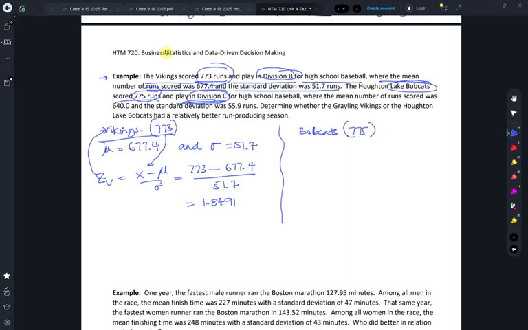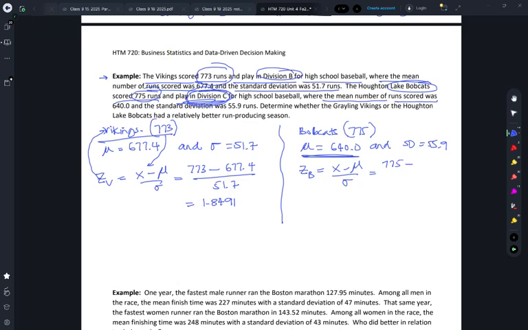The mean number of runs for the Bobcats was 640.0, and the standard deviation in Division C rather is 55.9. The z-score for the Bobcats will be x minus mu all over the standard deviation.